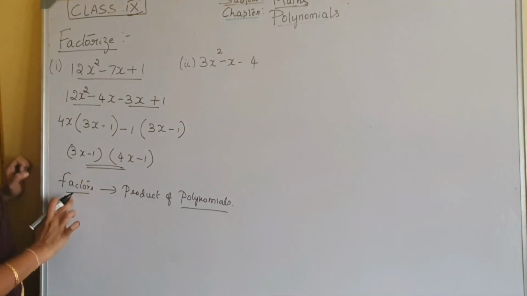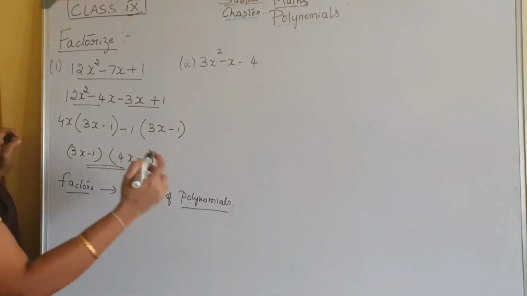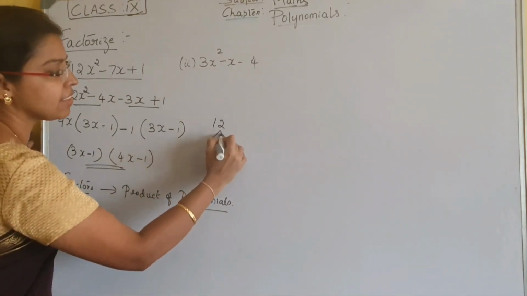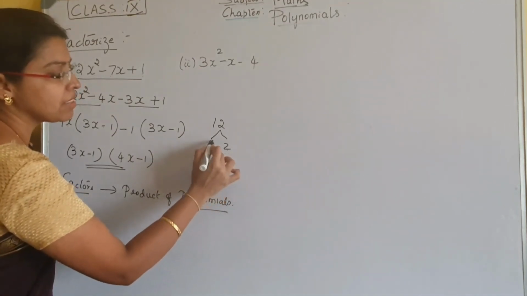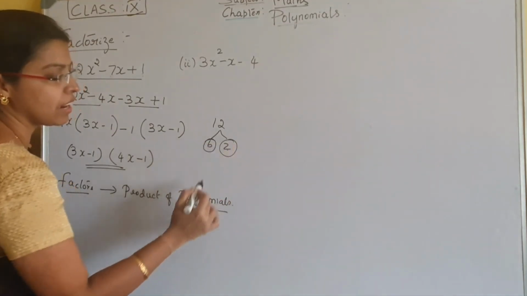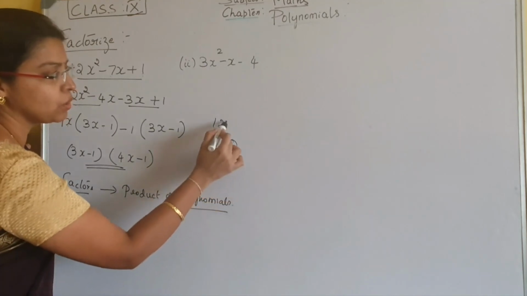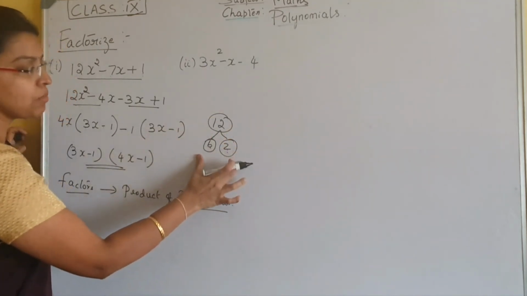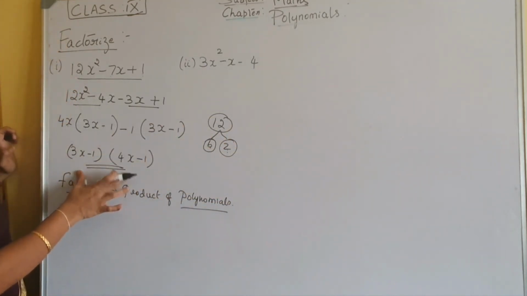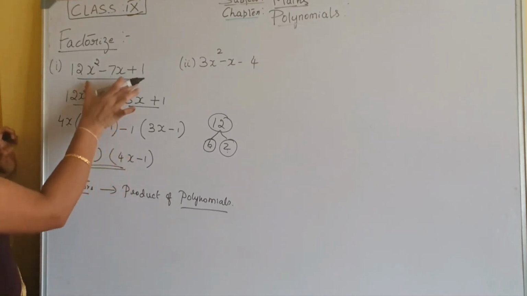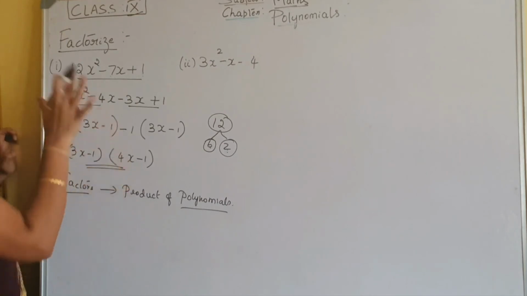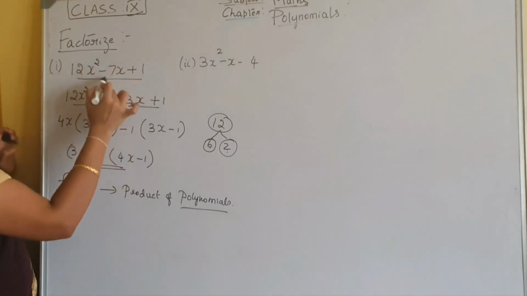So we are going to find out the factors. What are the factors of 12 when we say 6 and 2? 6 is one factor, 2 is one factor. When you multiply 6 into 2, you will get back 12. Similarly, this is for numericals. This is for polynomials. When you multiply these two, you will get back 12x square minus 7x plus 1. So this is how you need to get the factors. This is one of the methods, that is expanding the middle term.